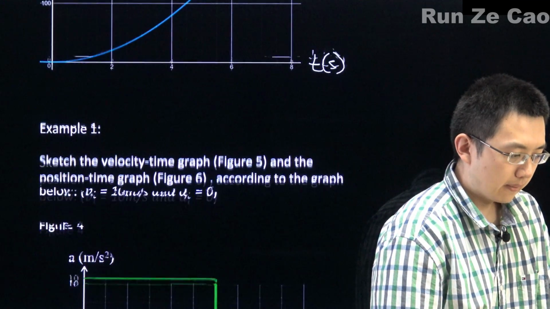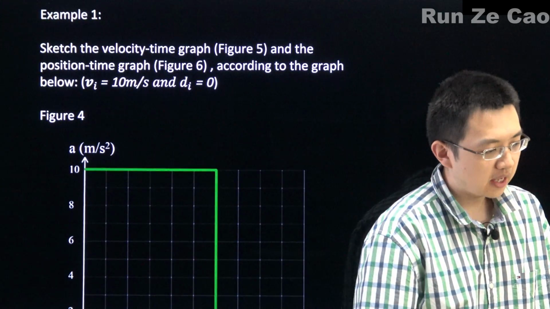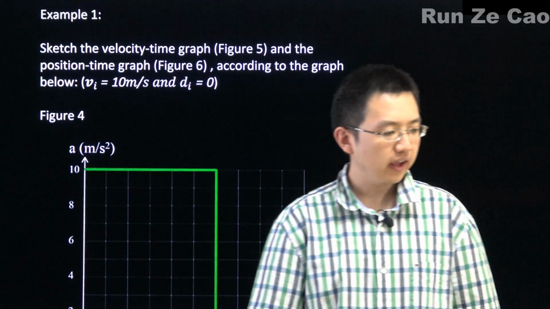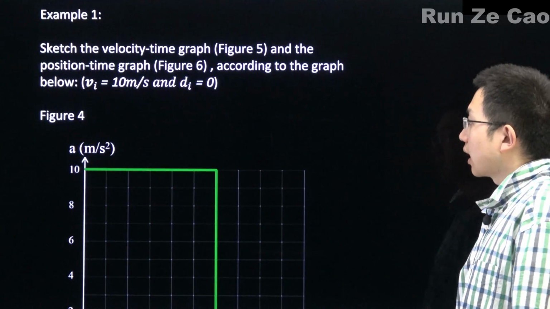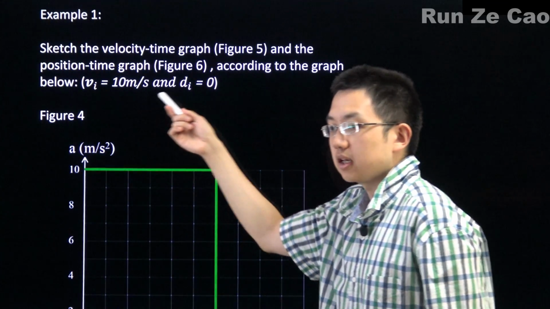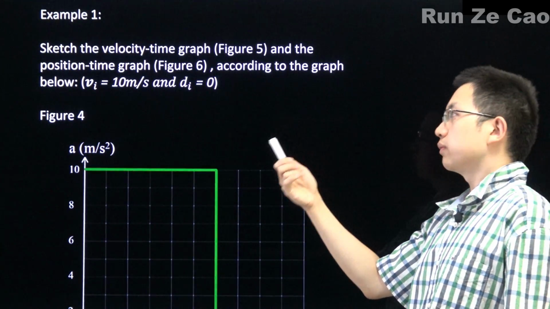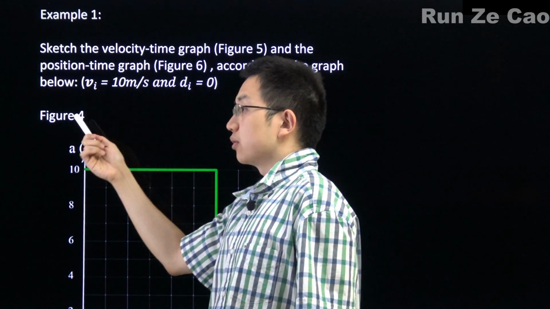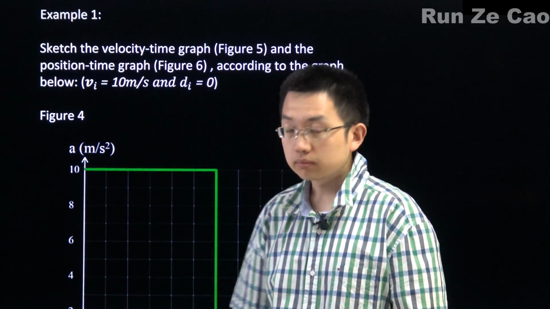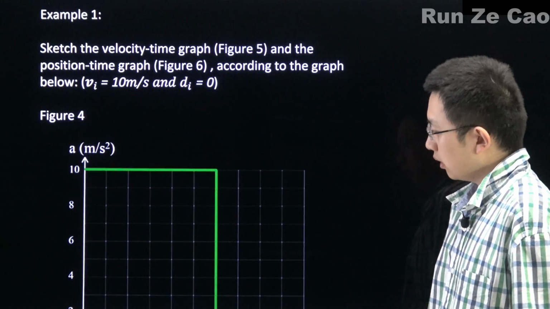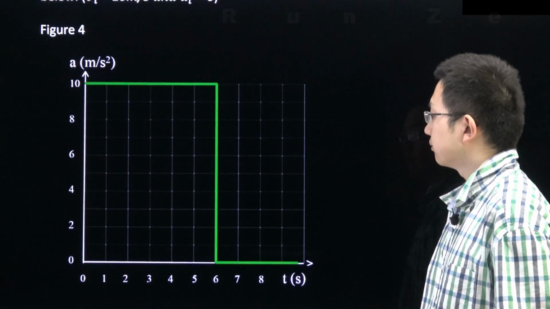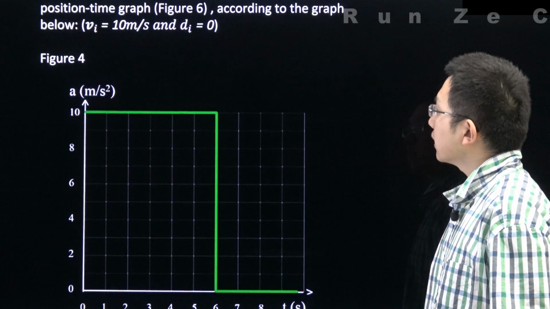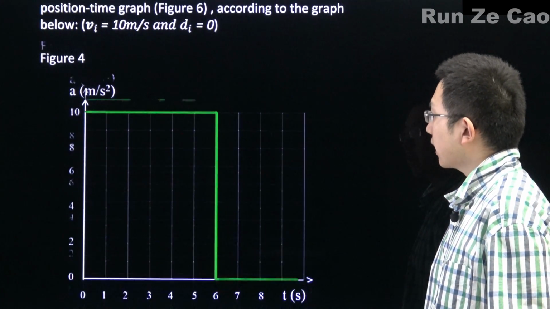Okay. What happens if we have to sketch a velocity time graph and position time graph according to an acceleration time graph, given some initial numbers, or it could have been given some values, say, halfway through? Well, we have this acceleration time graph here, and v initial is 10 meters per second.